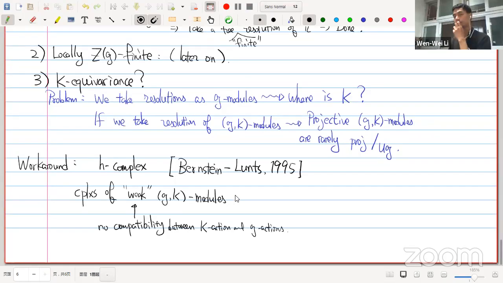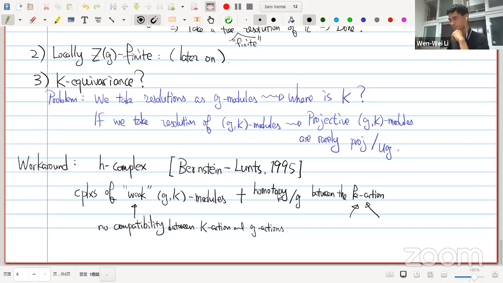But you need some extra data, namely a homotopy, which is G linear, between the small k actions obtained in two ways.